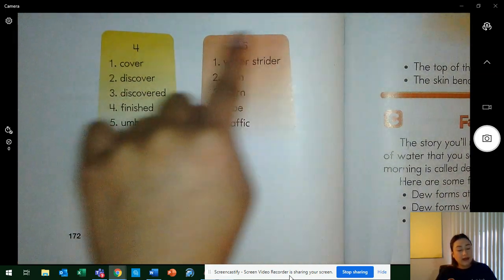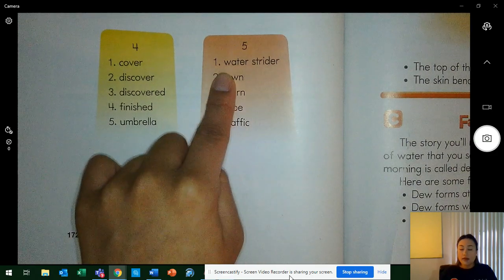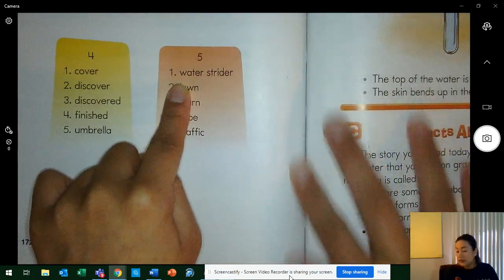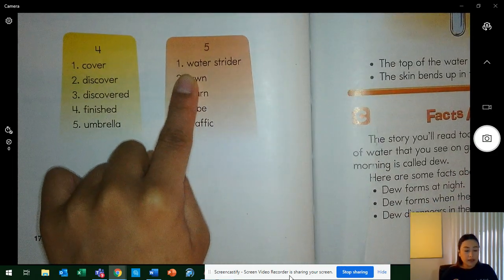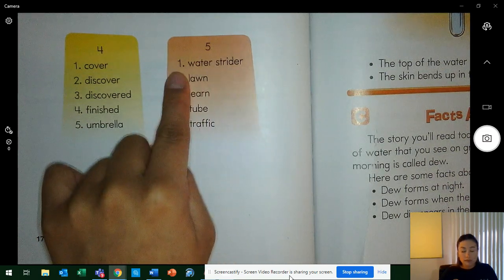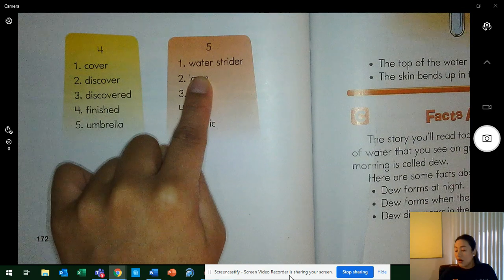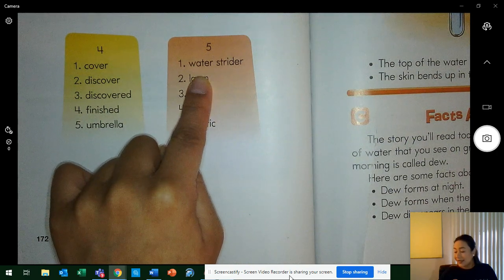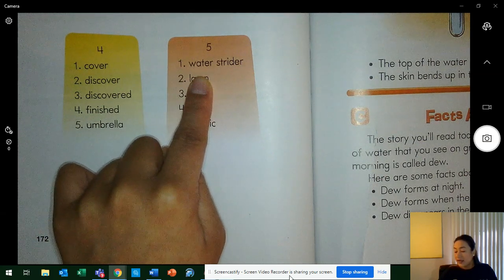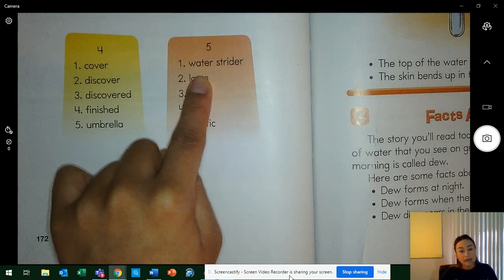Let's go to column 5, the last column, number 1. What words? Yes, water strider. A water strider is an insect that can walk on the top of water. Everybody, what's the name of an insect that can walk on water?